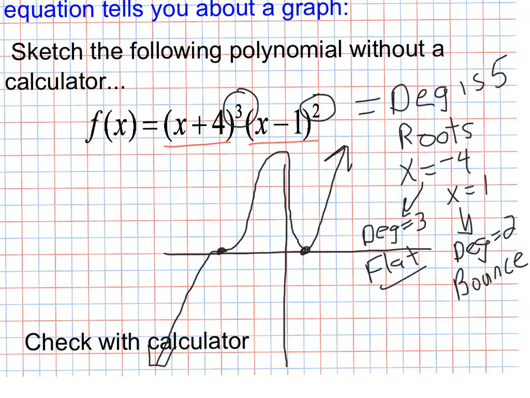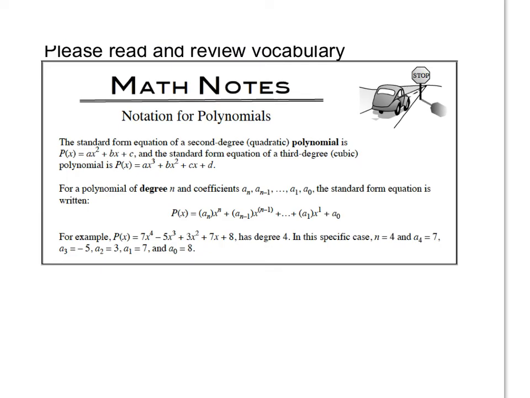Okay, welcome back. Now let's move into this. Please take a moment to read and review what's on this page, and it's a photo of your math notes that can be found in chapter 4. Please note that it says the standard form equation of a second-degree polynomial is p of x equaling a times x squared plus bx plus c.